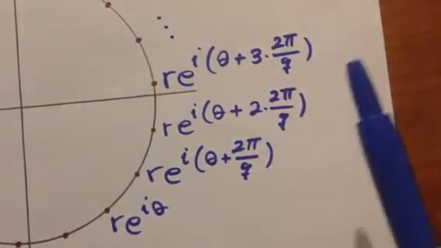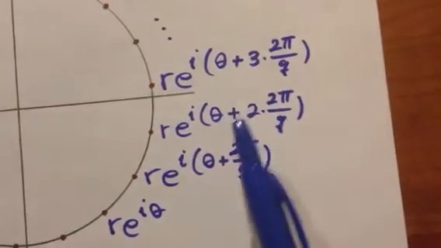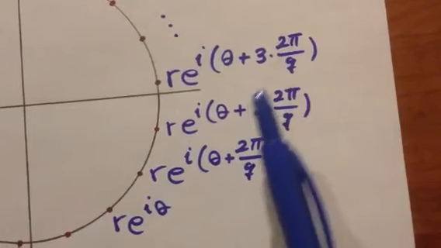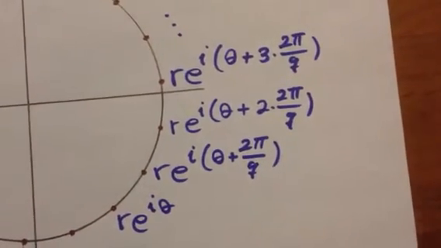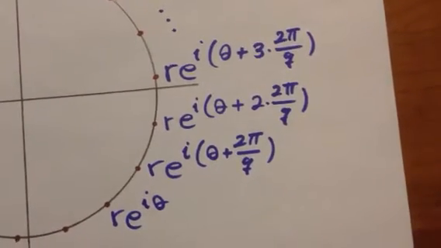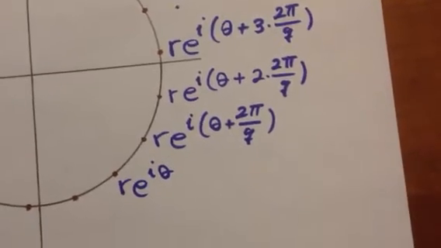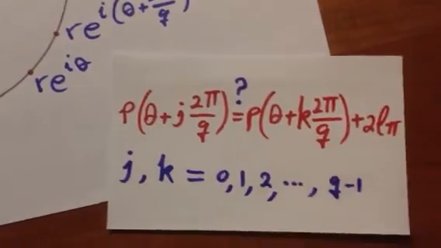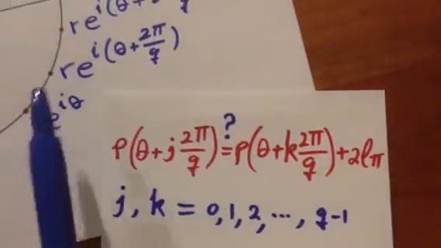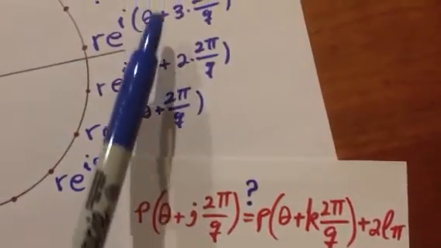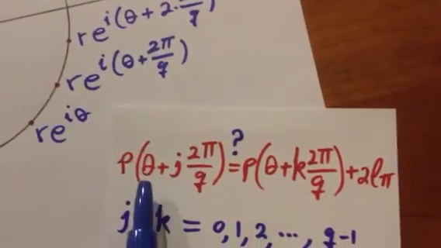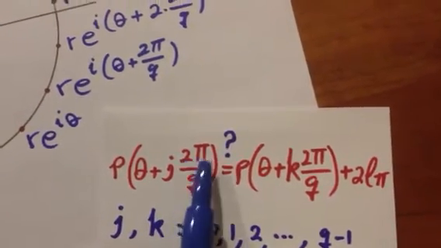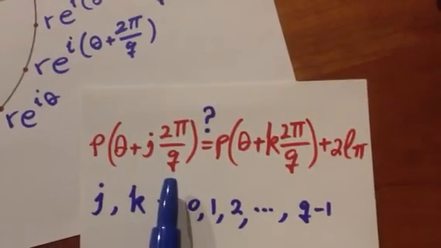So now, is it possible that two different ones of these, when multiplied by p, will give you the same argument? So let's see. What does it mean? First, each one of these arguments can be written as theta plus some integer times 2 pi over q.